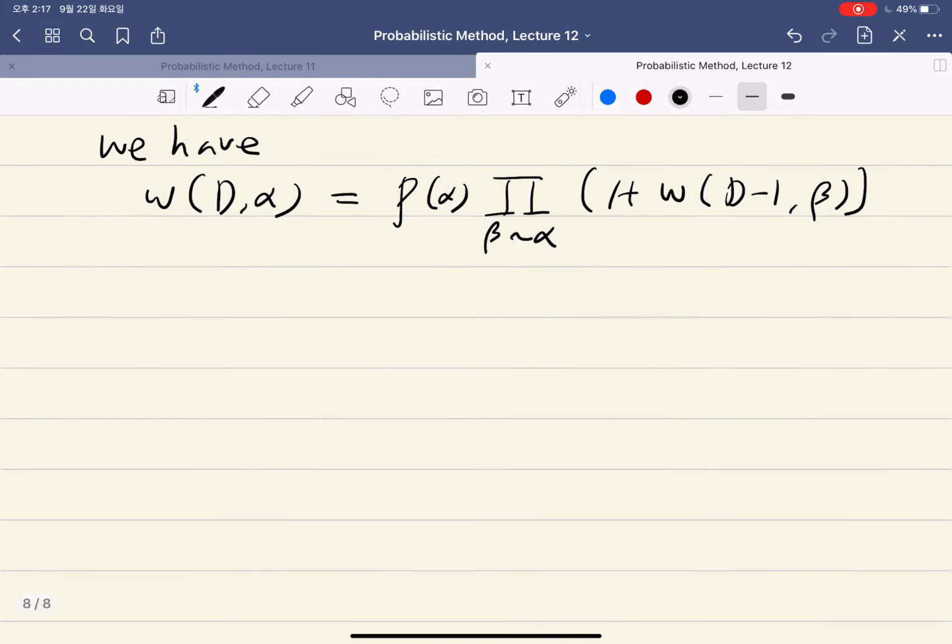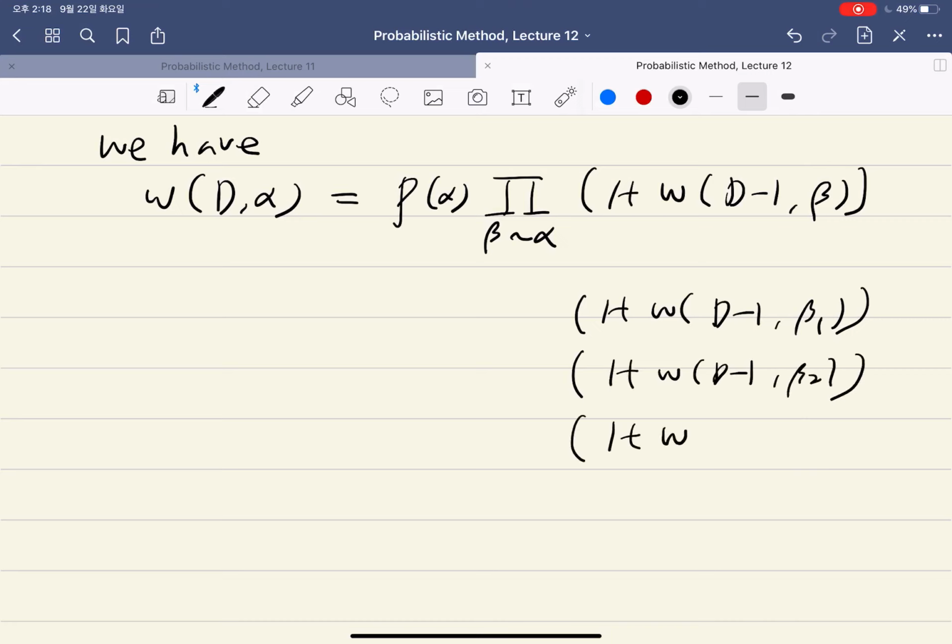So here we consider 1 plus W of t minus 1, beta 1, 1 plus W of t minus 1, beta 2, 1 plus W of t minus 1, beta 3, and so on. If you multiply this with this, then you get the module tree which looks like beta 1, beta 2, beta 3.